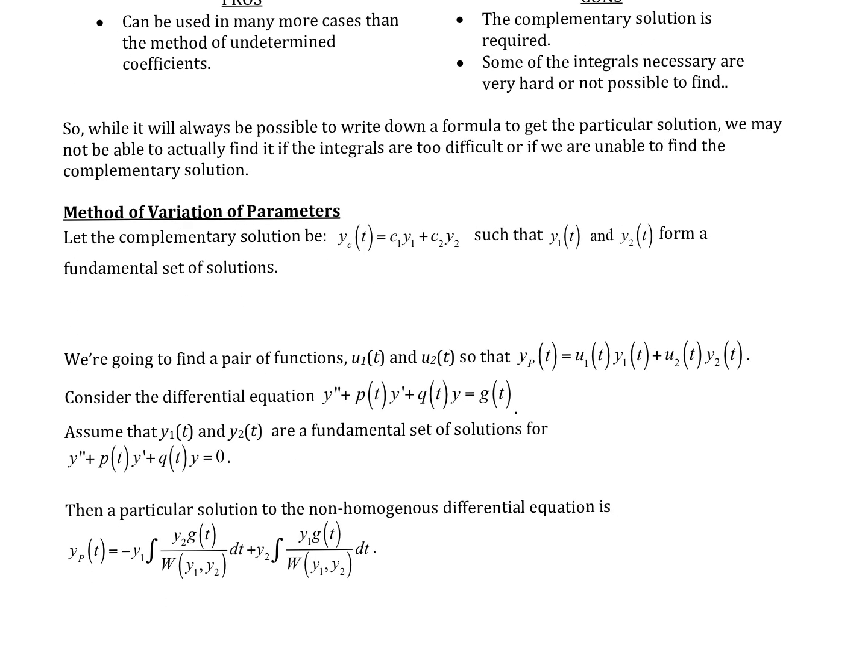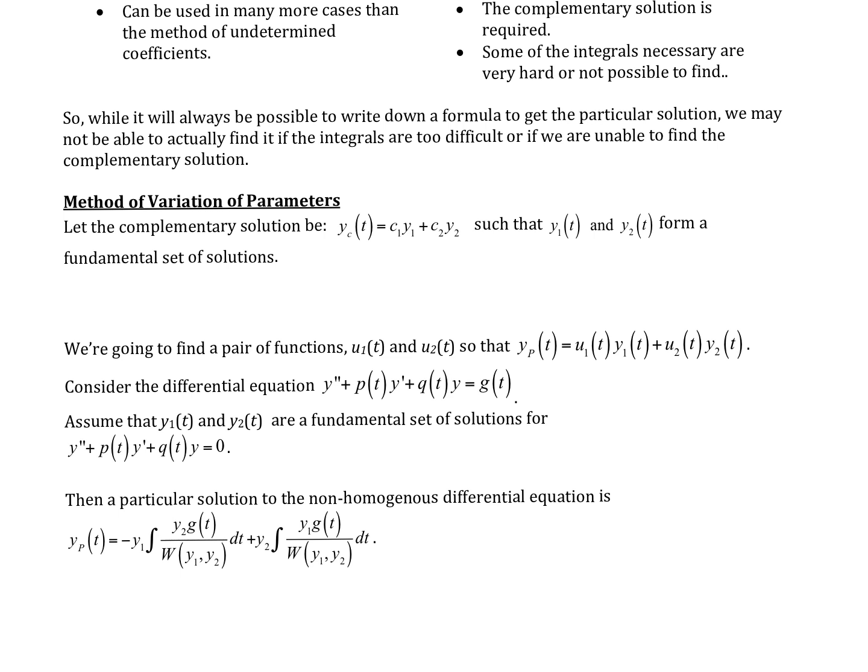Okay. So for the method of variation of parameters, we're going to start with our complementary solution being c1 times y1 plus c2 times y2, the linear combination of those terms. The key is that y sub 1 of t and y sub 2 of t must form a fundamental set of solutions. Do you remember what that means?